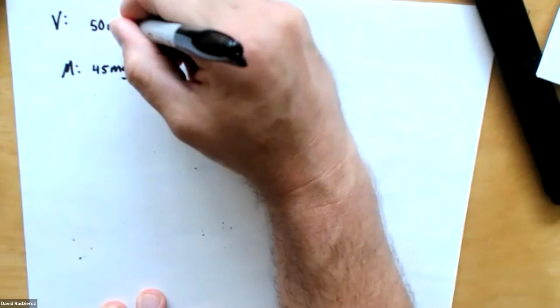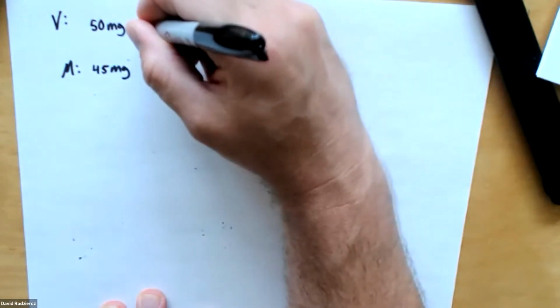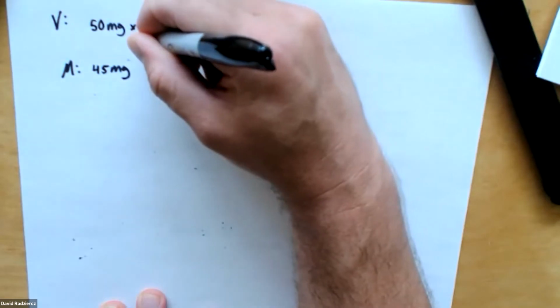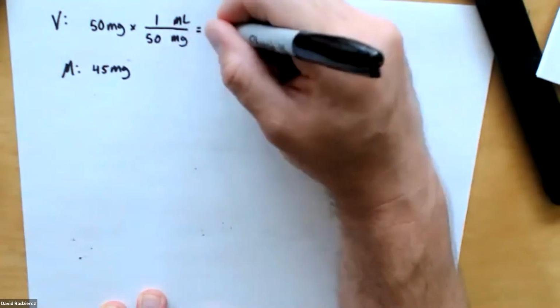So Vistaril is available at 50 milligrams per milliliter. So setting up my dimensional analysis, I don't want milligrams, I want milliliters. It's 50 per 1. So that's a pretty straightforward setup there, 1 milliliter.